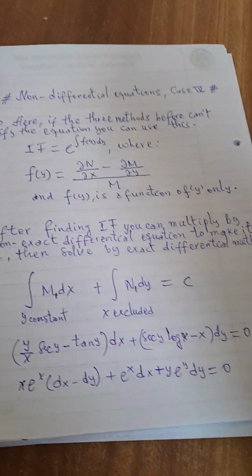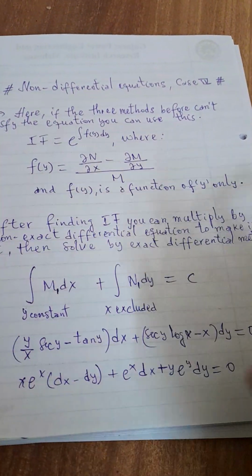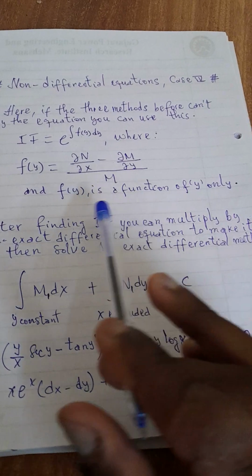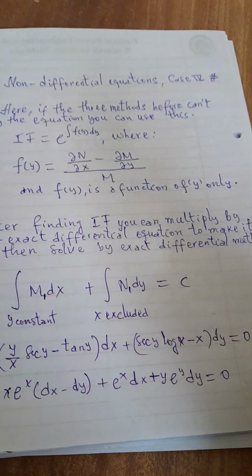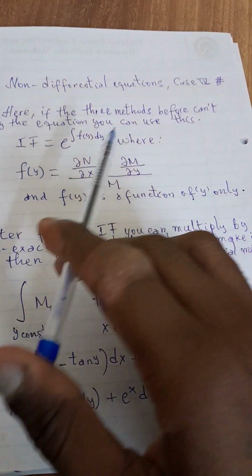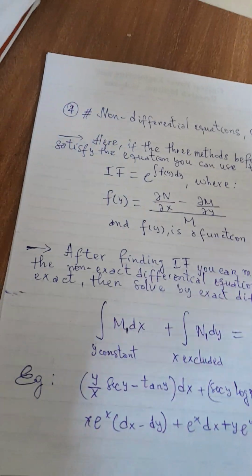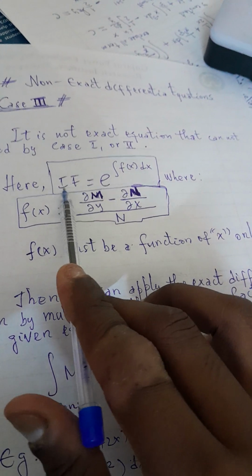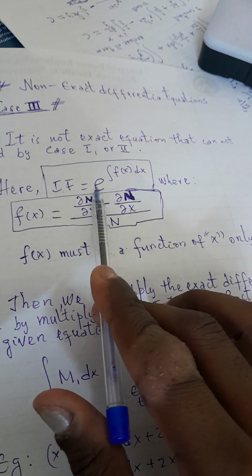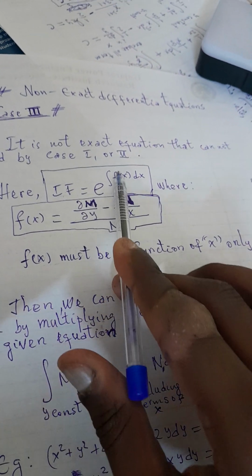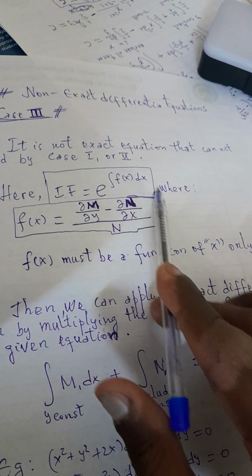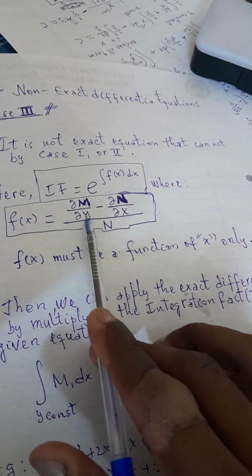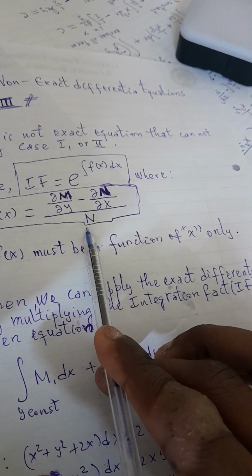In this fourth case, it is the same as the third case, but we are going to change only one thing. In the third case, we worked with the integrating factor, IF, equal to Euler raised to the integral of f of x dx, where f of x was a function of x only, equal to del m del y minus del n del x upon n.